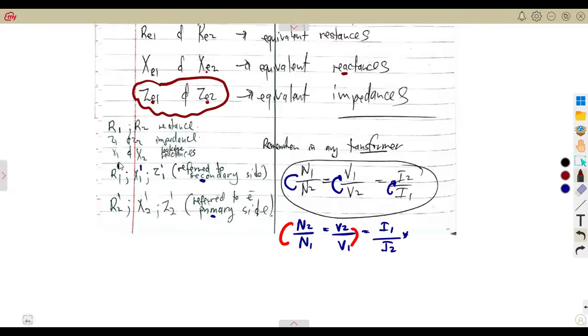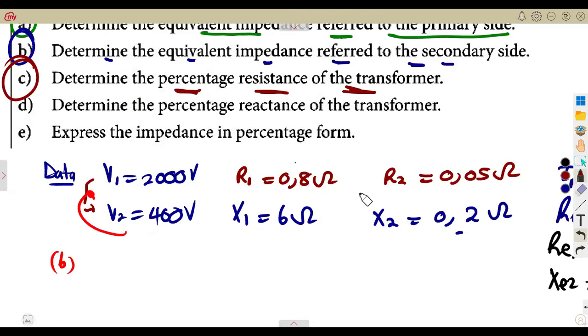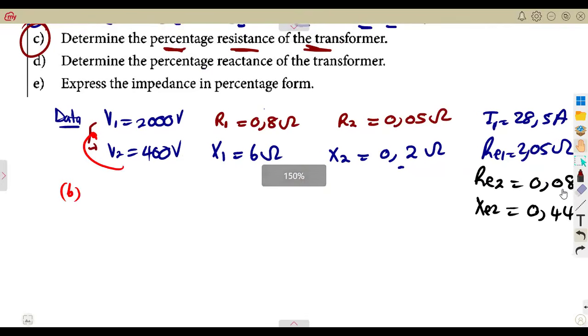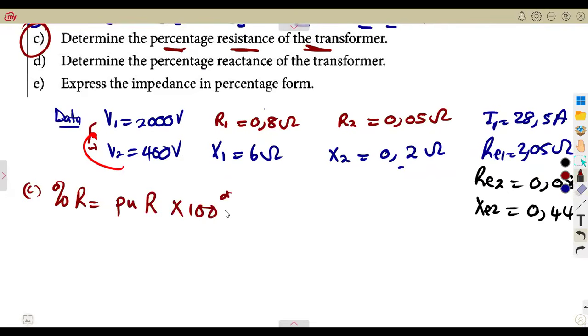If you have your formulas, guys, it's just direct like that. So we're going to take those formulas. Let us consider this as part C. The percentage resistance must be taken from per unit resistance times 100%.